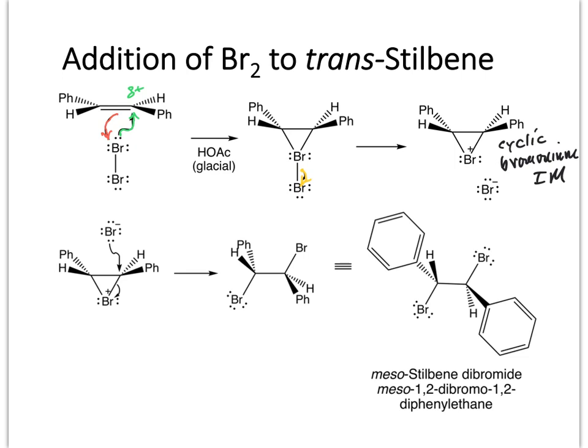In that cyclic bromonium intermediate, the bromide ion attacks one of the two carbons as a nucleophile. That bond breaks with bromine acting as a leaving group, but still attached by a bond here.